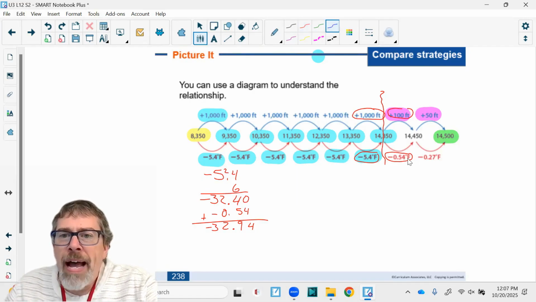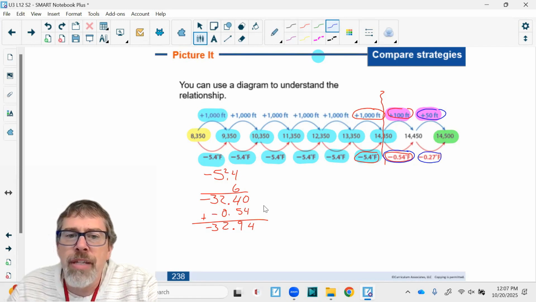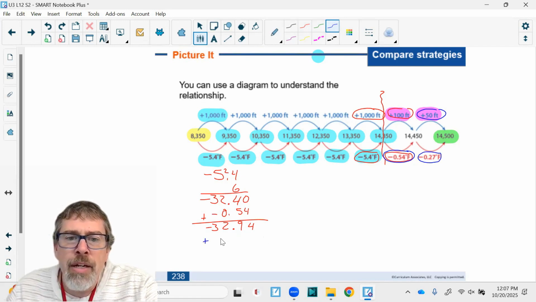Okay, but half of 100 is 50. That's what they did here. They divided by 2. Divide 0.54 by 2 and you get 0.27. So I'm going to add another negative 0.27 for that last 50 feet. And 4 plus 7 is 11, carry the 1, 9, 10, 12, carry the 1, 2 plus 1 is 3, and we are now at the total.